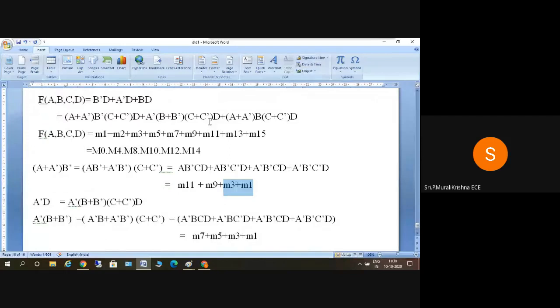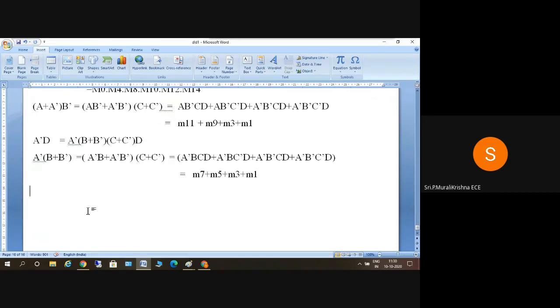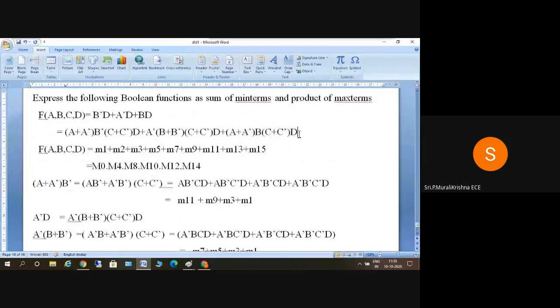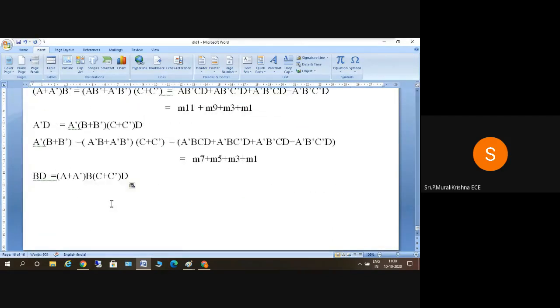And go for the next one. So do the next one. This is BD. So BD can be written as, okay, and the first one is equal to AB plus A bar B. So this multiply with C and C bar.